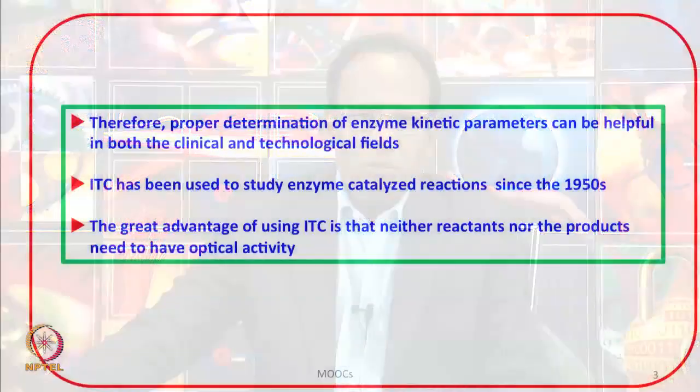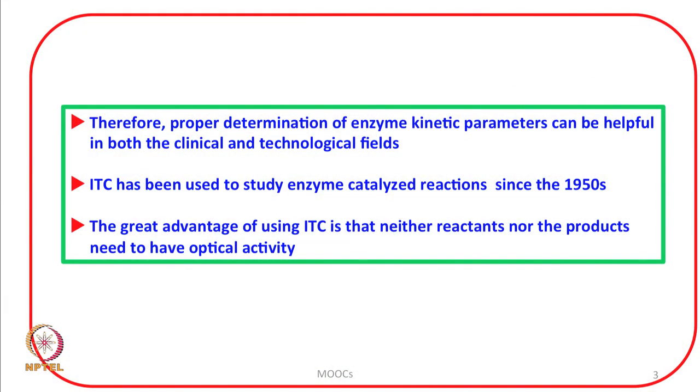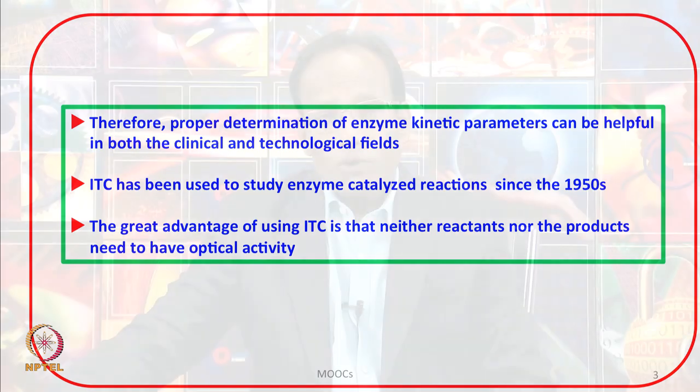Let us take a look at the next comment. Another great advantage of using isothermal titration calorimetry is that neither reactants nor the products need to be optically active. So, isothermal titration calorimetry offers an important methodology even to study the rates of the reaction.